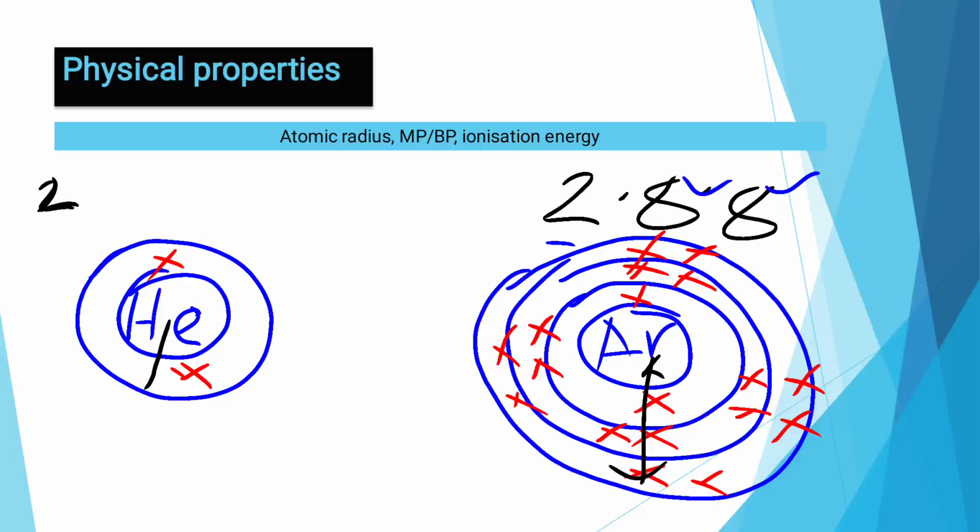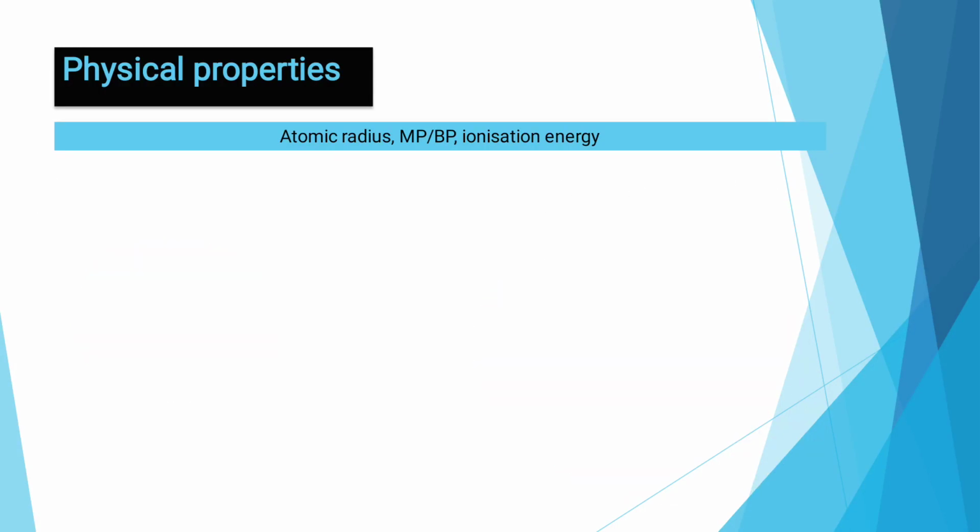We look at the melting and the boiling point. Every time we explain the melting and the boiling points, you cannot explain them without mentioning the bonds. But basically all the elements in group 8, which we are calling the noble gases, are usually made up of molecular structures.